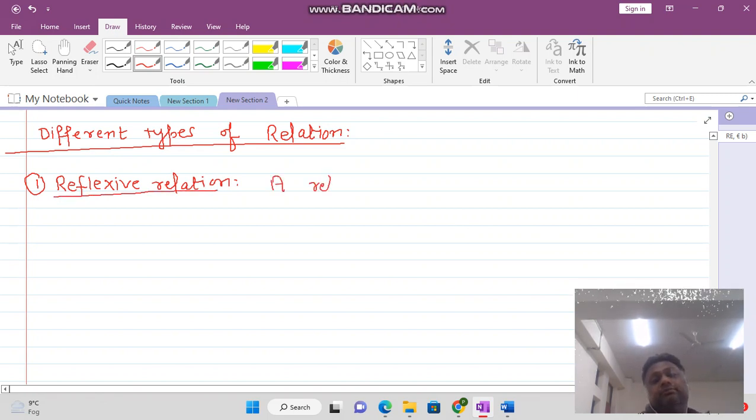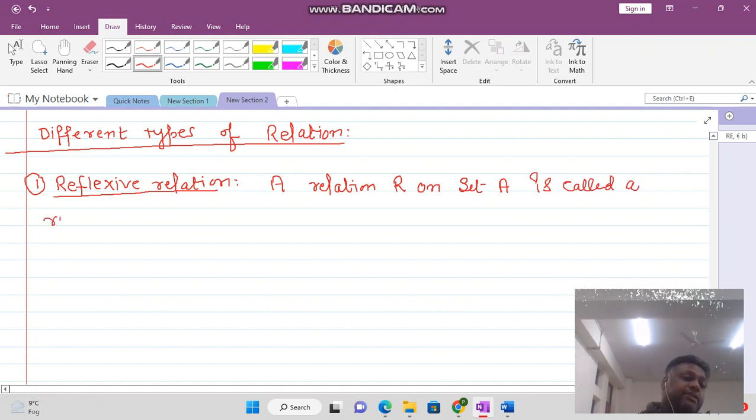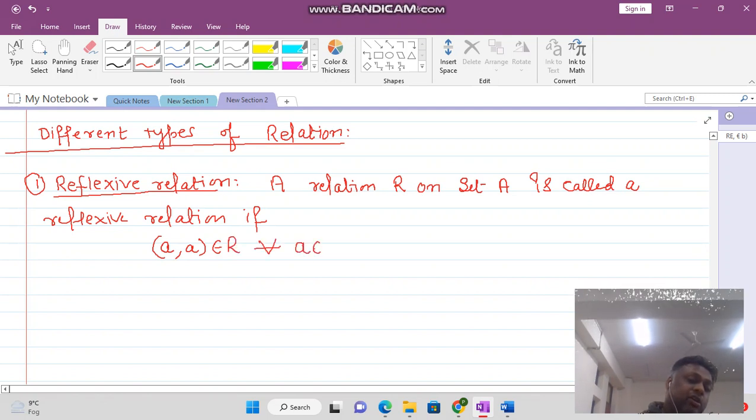A relation R on set A is called a reflexive relation if (a, a), meaning the elements of the same form, are in the relation, and it should happen for every element of the set A. If it does not happen for even a single element of the set A, then we say that the relation is not a reflexive relation.